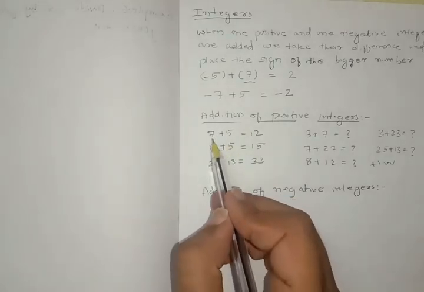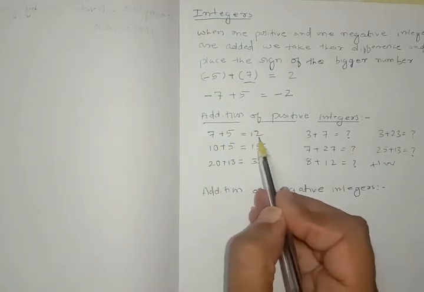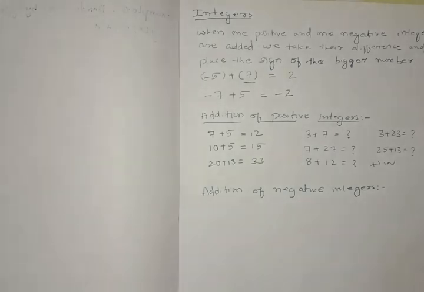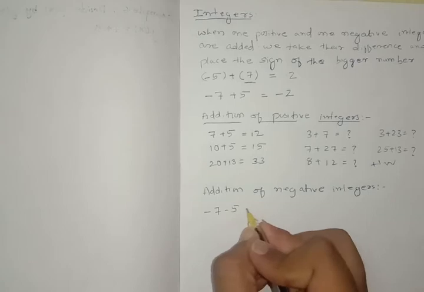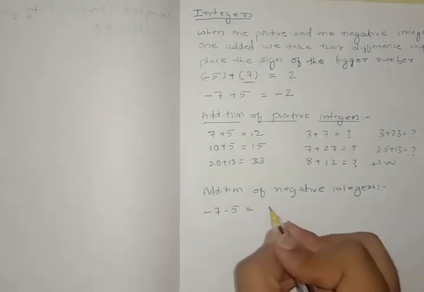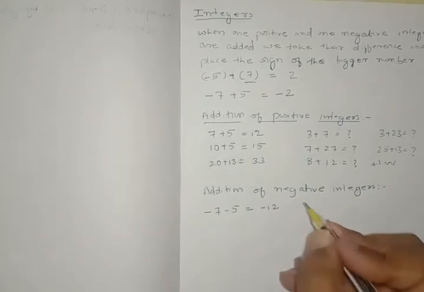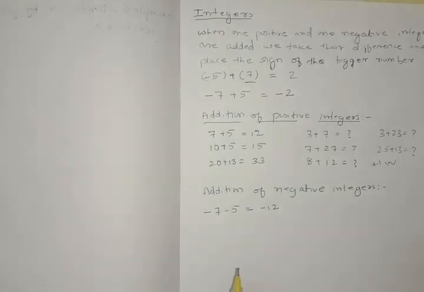Like sum of positive integers is positive, sum of negative integers is negative, students. Minus 7 minus 5 is equal to minus 12. The reason is, when two negative integers are added, we get a negative integer.